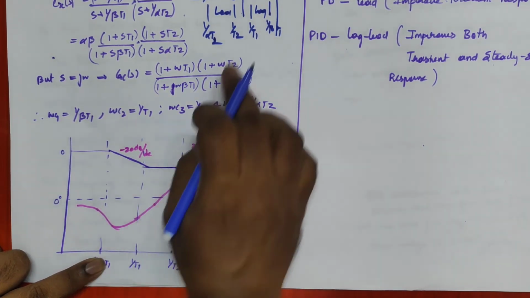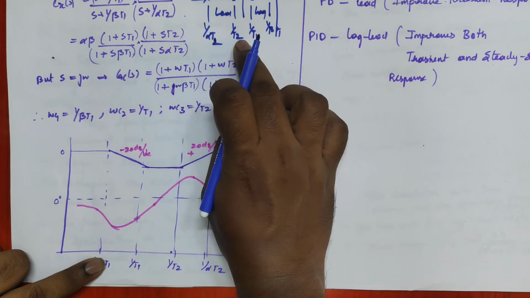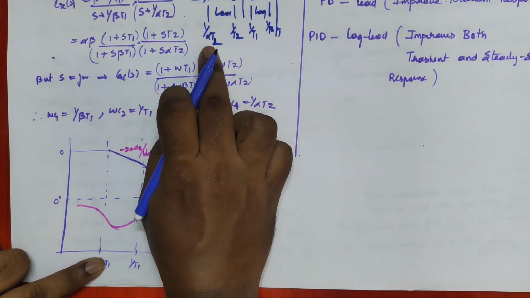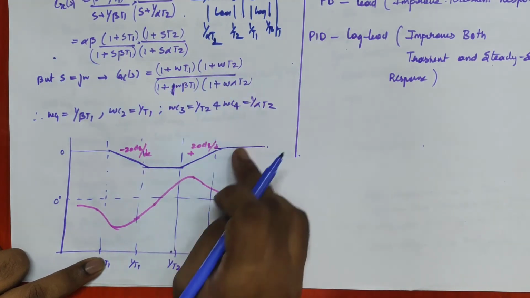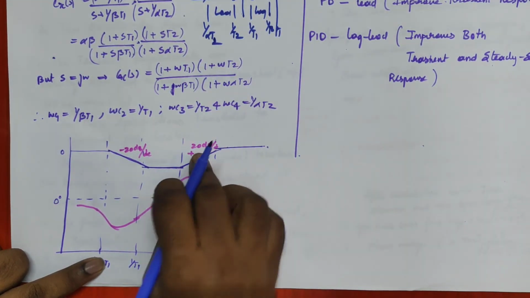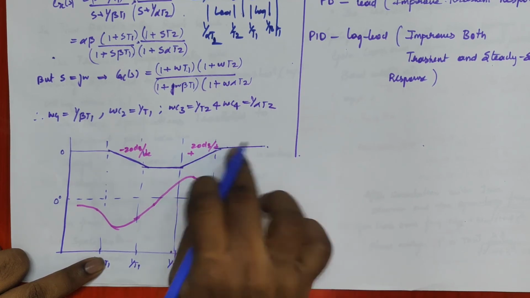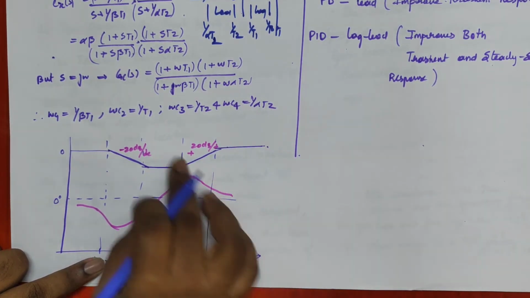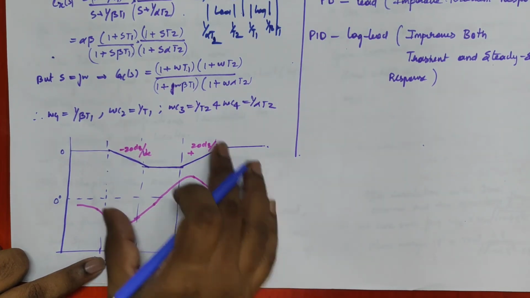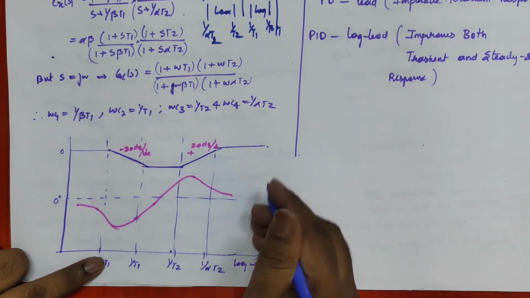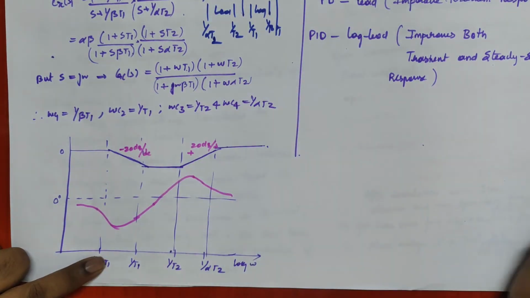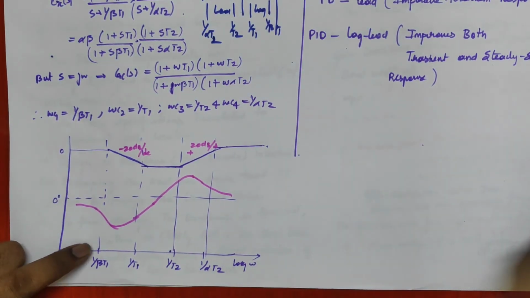Up to 1 by T2, a zero is added, that is plus 20 dB. Up to this corner frequency, we again add minus 20 dB, plus 20 dB minus 20 dB gives a straight line. For this I get the phase something like this. We will incorporate this system into the main system to get our design specifications. So this is a lag-lead compensator.